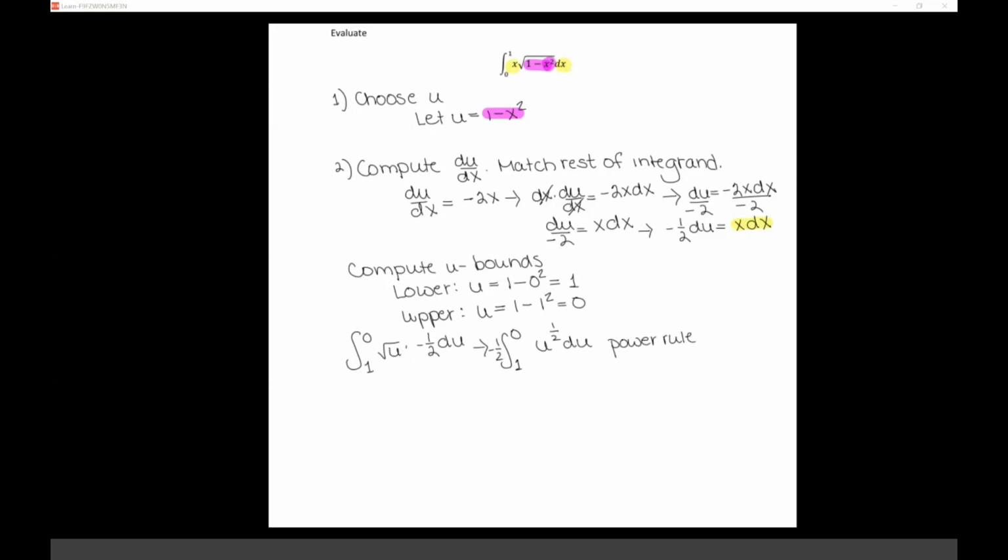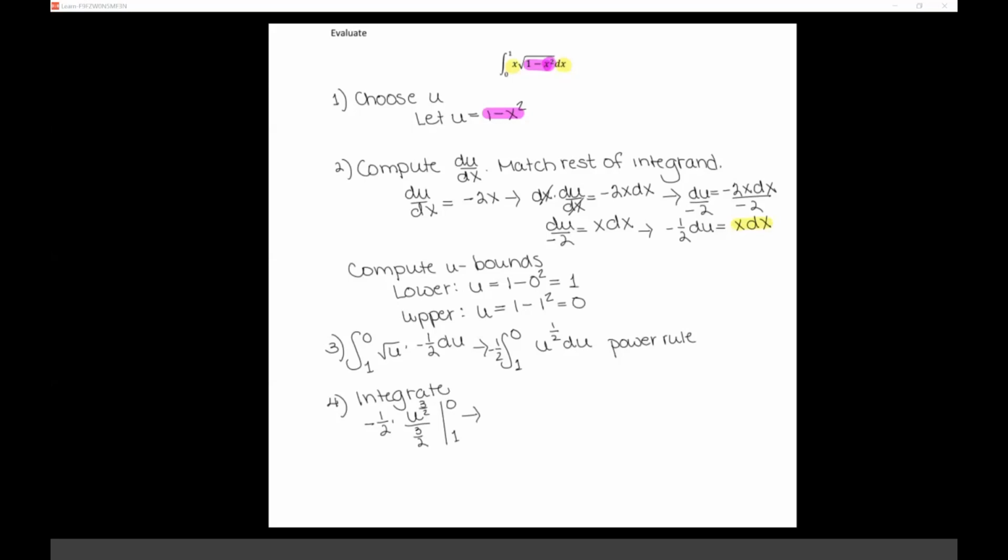Okay, so doing the integration, so here's the substitute, here's the integrate. That's going to be negative 1/2, that's out there no matter what. And I'm adding 1 to 1/2, so that's going to give me u to the 3/2 over 3/2. Convince yourself that 1/2 plus another 1 is 3/2. And this is going to be evaluated from 1 to 0.